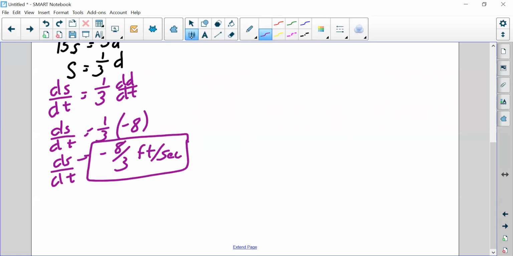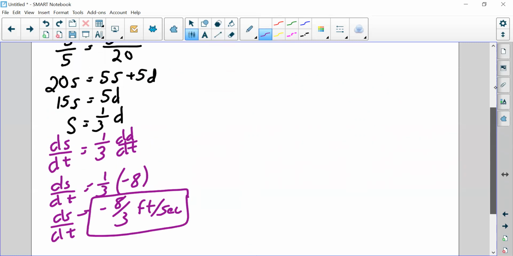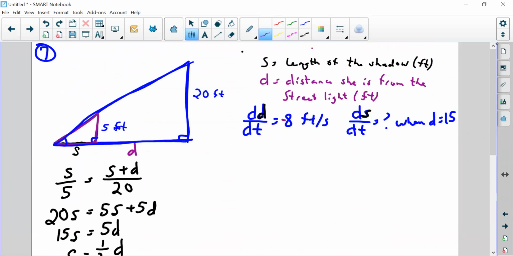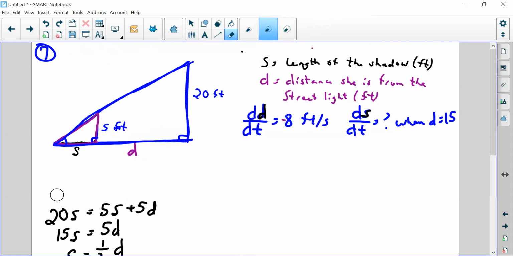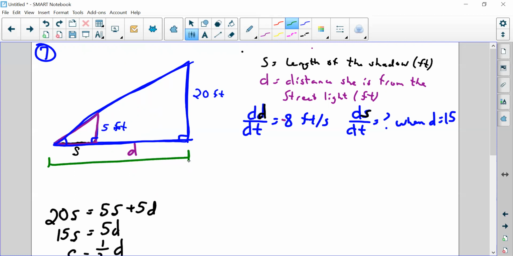Second question. At what rate is the tip of the shadow moving? So I'm going to go back up to my equation here and add in another variable. I'm going to let this distance here represent the length of the tip, big T for tip.